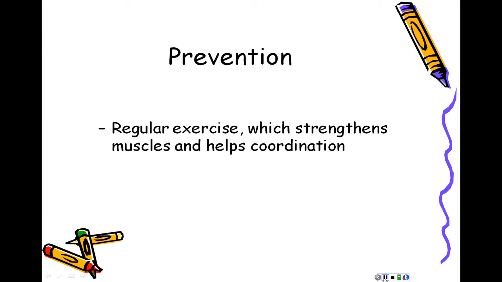Prevention. Regular exercise, which strengthens muscles and helps with coordination. I guess this is a good place to interject the purpose of exercise. We talked about, again, fluid and electrolytes, and we talked about calcium.